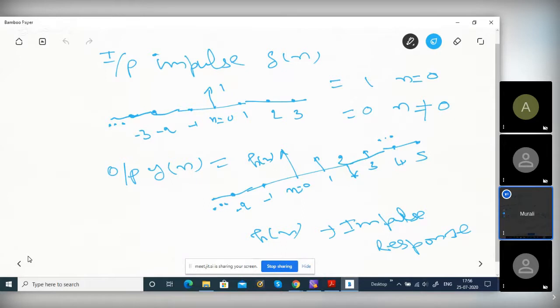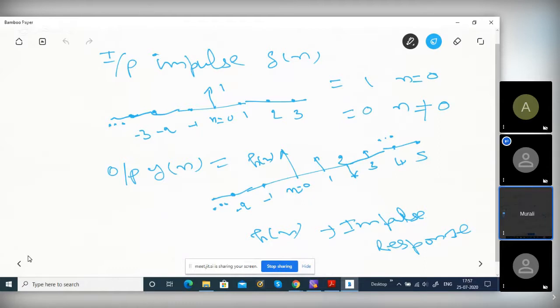So at minus 1, minus 2, minus 3, plus 1, plus 2, plus 3, delta n will be 0. This is called the unit impulse. Now I am talking about the digital domain. Analog domain is a little bit complicated, we will not bother about it.